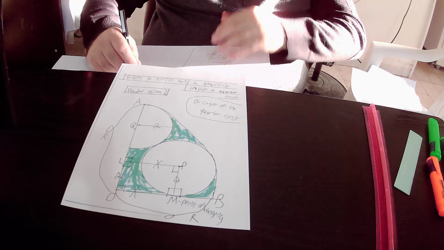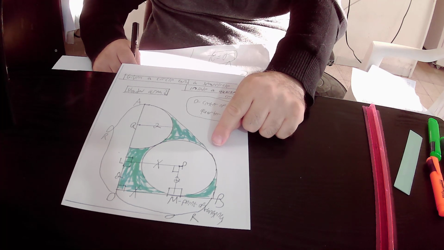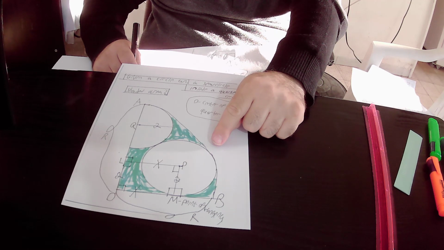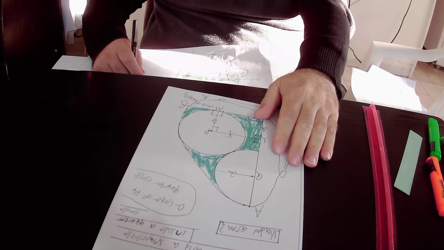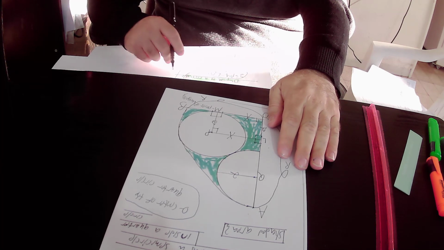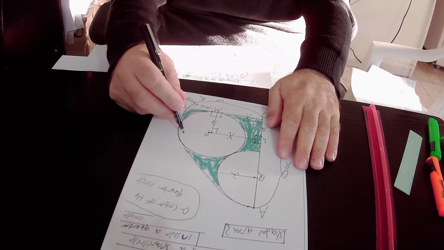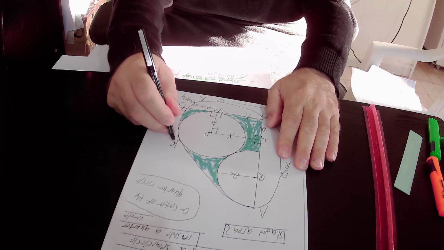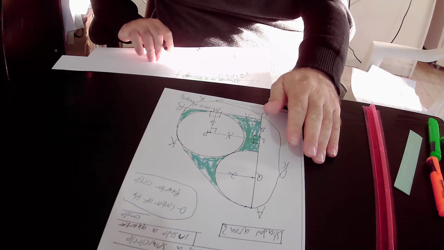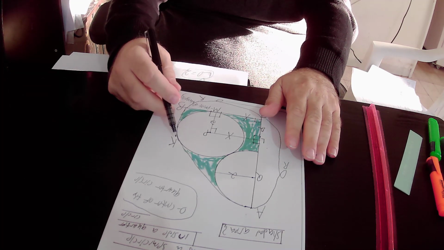In the next step, we'll focus at this point, that is the touching point of the circle and the quarter circle. And we'll define the touching point of the circle and the quarter circle as point K. I repeat again, point K is the touching point of the circle and the quarter circle.